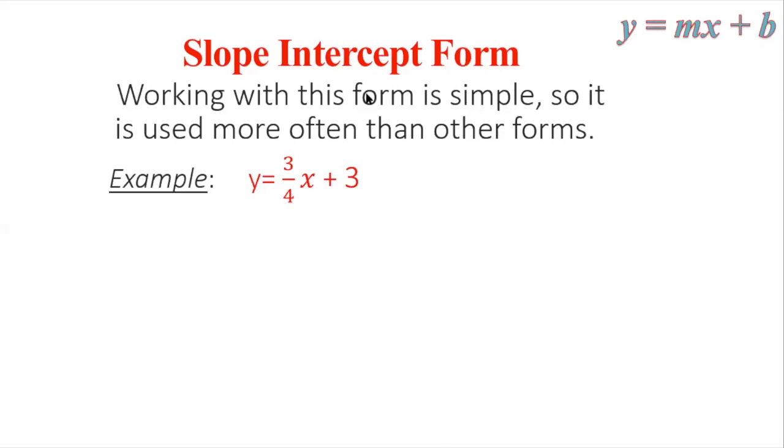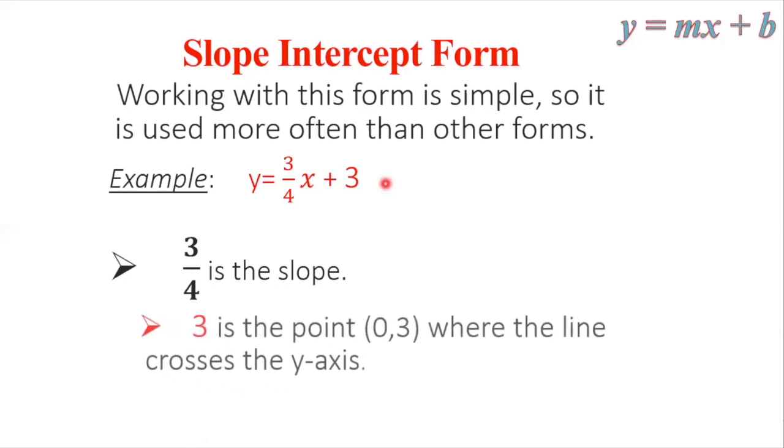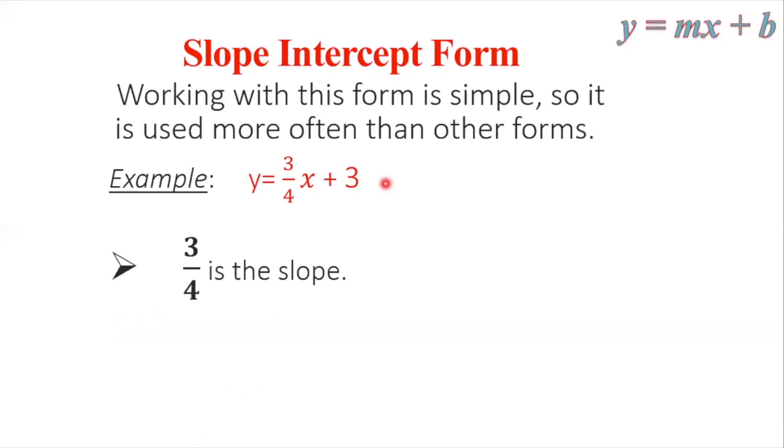And in this case, our equation is in the form y equals mx plus b, and it's quite easy to identify the different parts. So from this, we can see that 3 over 4 is the slope, because the slope will be whichever value is the coefficient of my x.